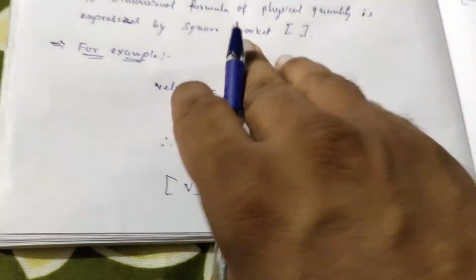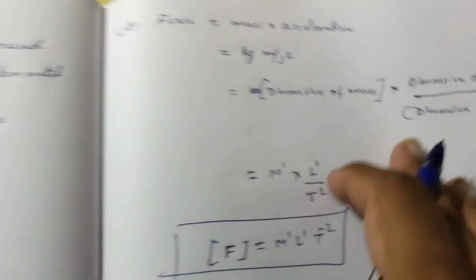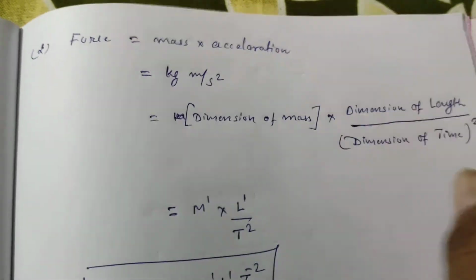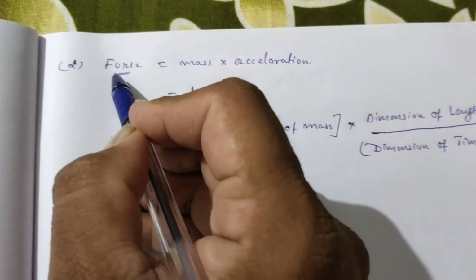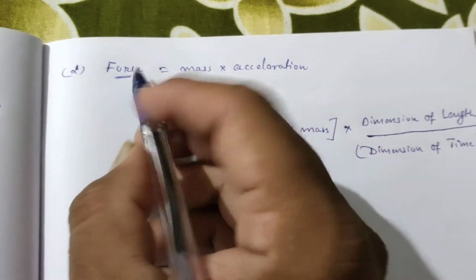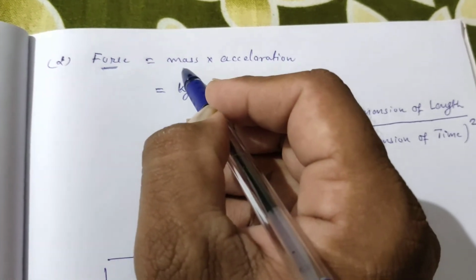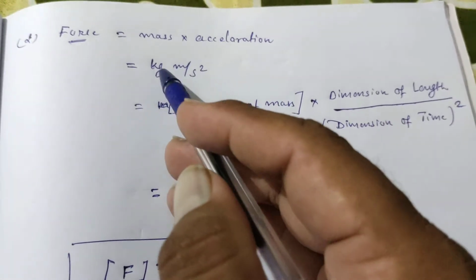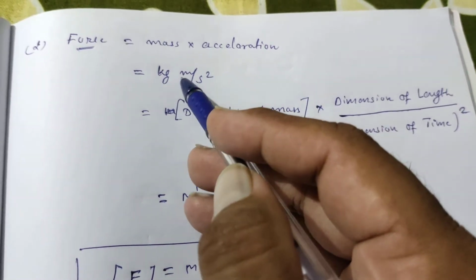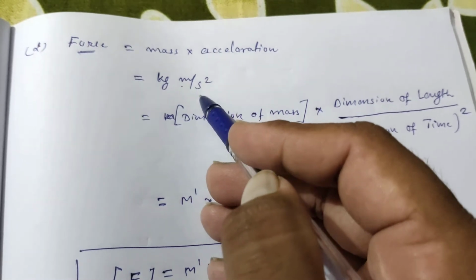Hope you understand how to prepare the dimensional formula of any physical quantity. Let's do one more example, so I think you will get a clear-cut idea. Now we are going for the dimensional formula of force. So force is nothing but mass into acceleration. Okay, mass expressed in kg, acceleration expressed in terms of meter per second square.